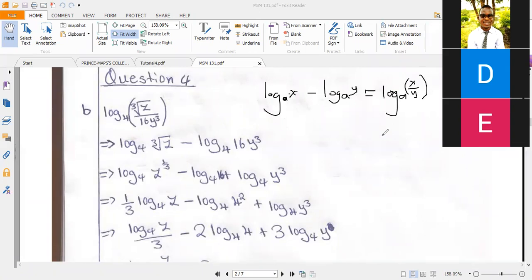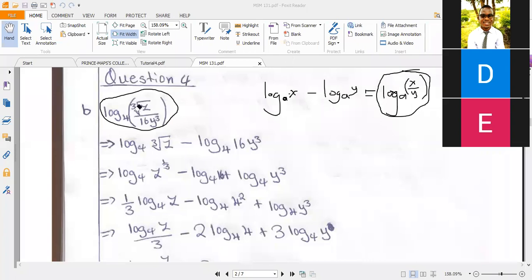You get that? So what we have here is what our final answer is if we do subtraction of logs with the same base. So we want to reverse this to this. Since these guys are dividing, then we are supposed to subtract them.